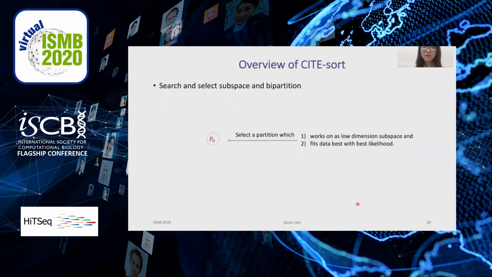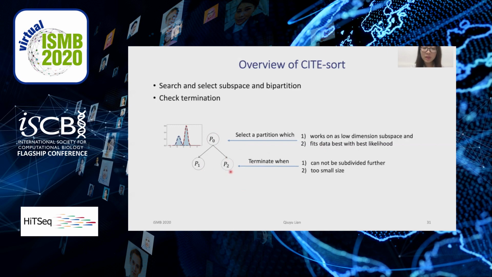Then let's have an overview of CITE-sort. Given a whole population denoted by P0, CITE-sort starts by searching subspaces and selecting a subspace to perform bipartition. After the bipartition is conducted, P0 is subdivided into two parts. Then for each part, we check the termination criteria.